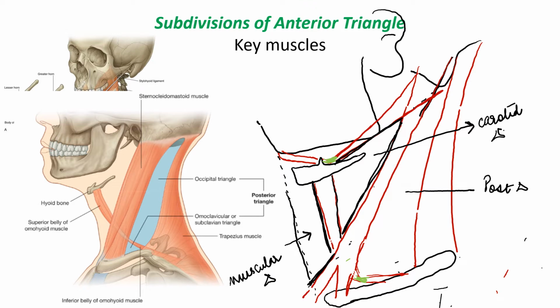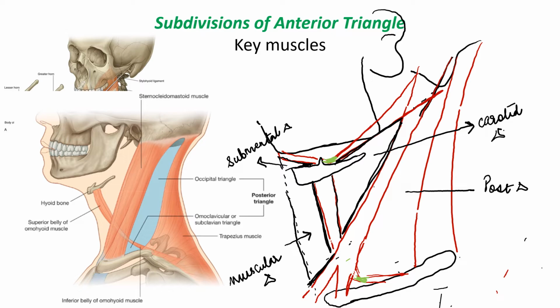Now the suprahyoid region, that is above the hyoid bone. Now look at that. In between the body of the hyoid bone, the anterior belly of the digastric and the anterior median fissure, this area is the submental triangle, that is below the chin.